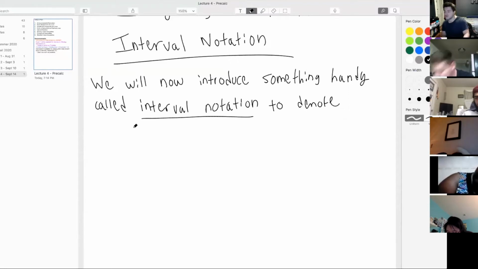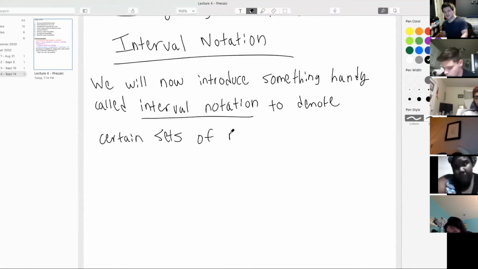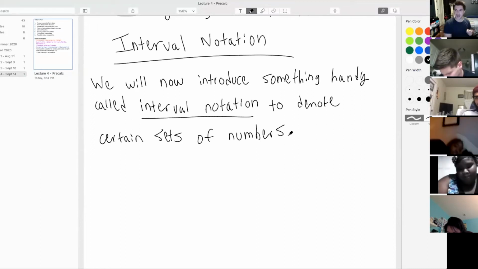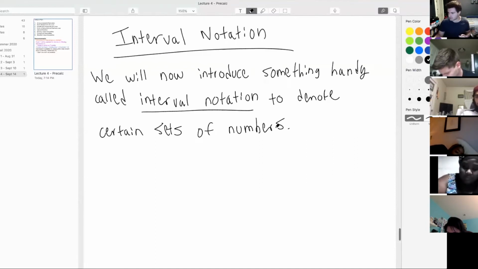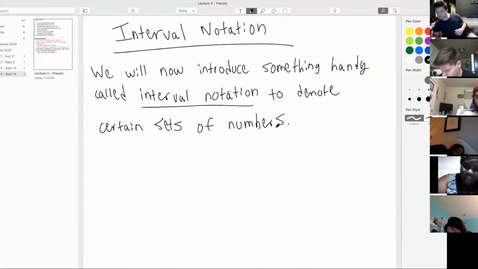That's its use. It's a very handy and compact way to notate sets of numbers.